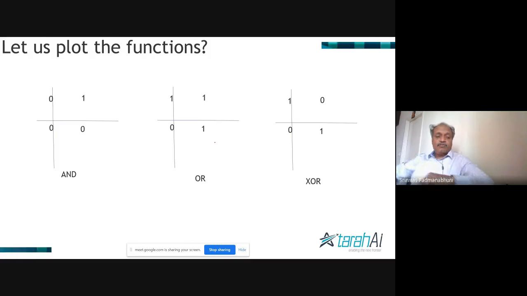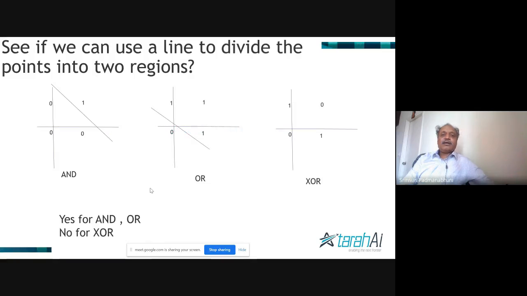The reason is, if you look at the mapping of the functions AND, OR and XOR, you will see that the way the ones and zeros occur in AND and OR are such that you can draw a line to divide between 0 and 1. And that is why it is possible to model AND and OR using the single layer perceptron.